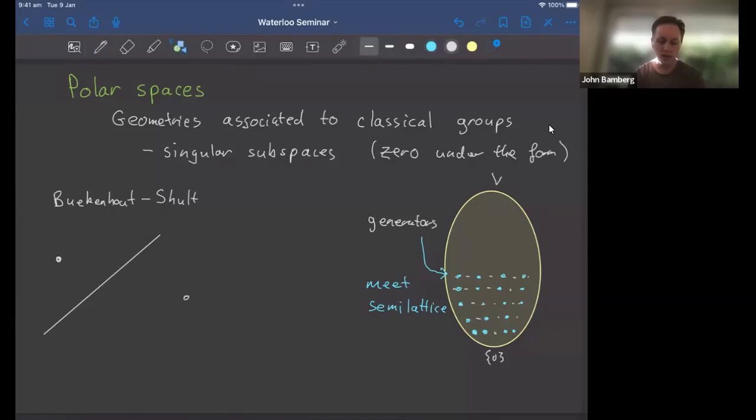Either this point is collinear with just one point on this line. So that means there's a line through that point which meets the other line in a point, and that's the only singular subspace here on this line that is on a line with this one, or all of these points here are collinear with the point.